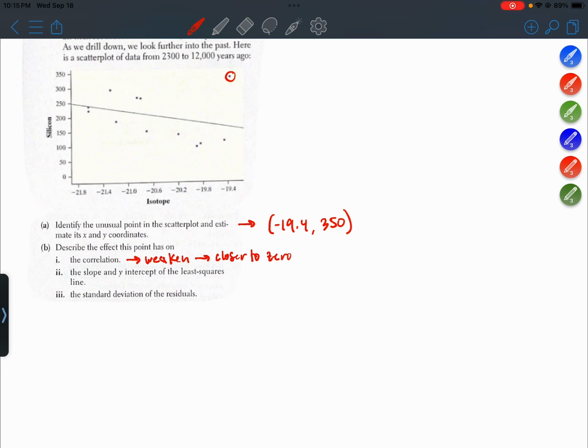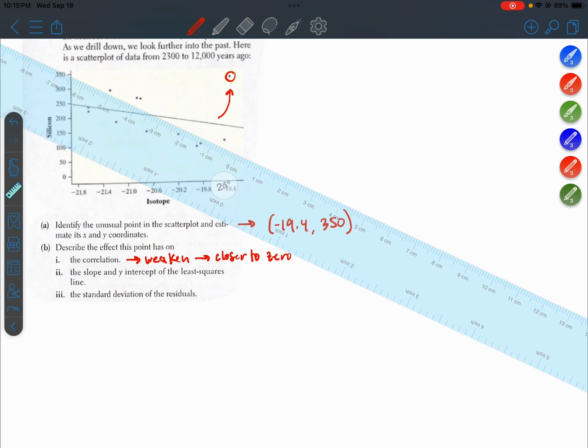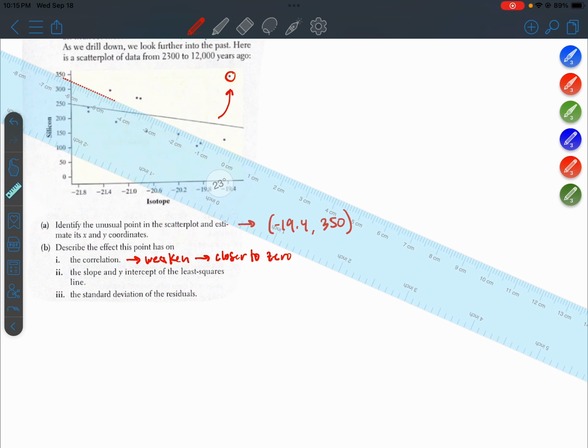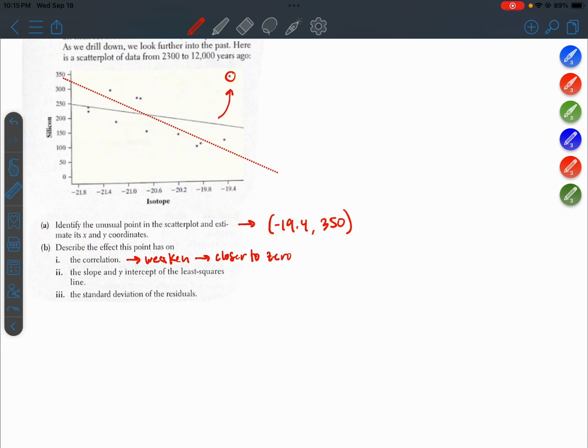Well, this point is causing the line to tilt, which is making the slope flatter. If that point hadn't been there, then probably the least squares line would look something like that instead.